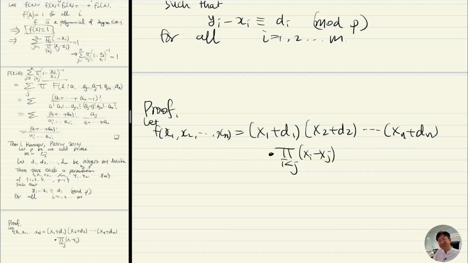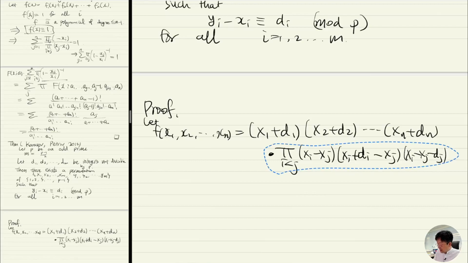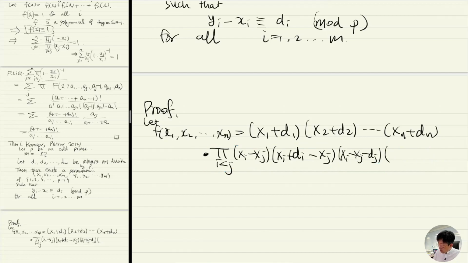So we don't want xi to be equal to xj. We don't want xi plus di minus xj, so that means we don't want xj equal to xi plus dj. And we don't want xi minus xj, which means we don't want xi equal to xj minus dj. And finally we write this, which means that we don't want xi plus di to be equal to xj plus dj. Right? So this is our polynomial.